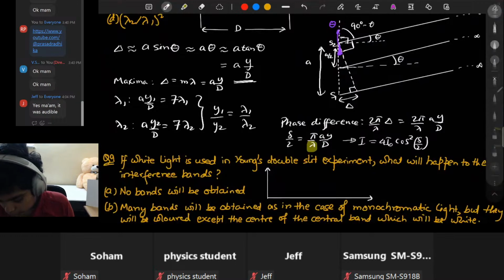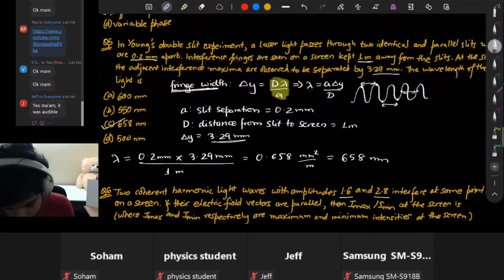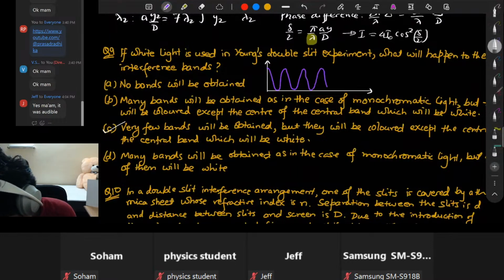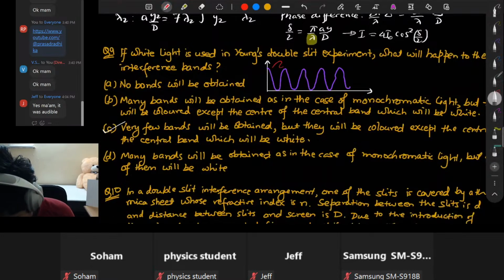So what you're going to see is, for violet something like this. Okay, and for red, longer wavelength means fringe width will be more. You are going to see something like this.